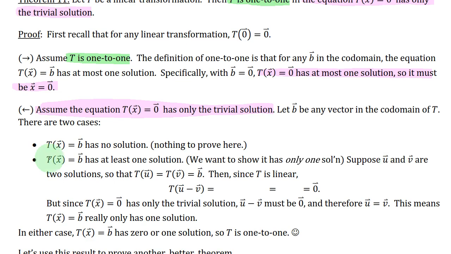Or the other case is T(x) = b has at least one solution, and we want to show that it has only one solution, not 2 or 3.